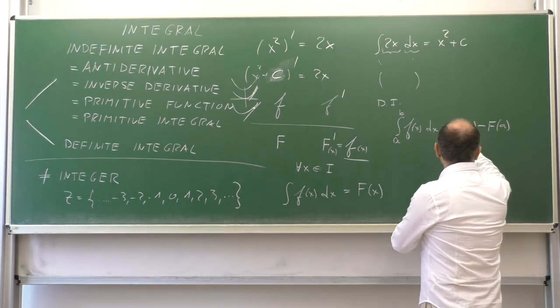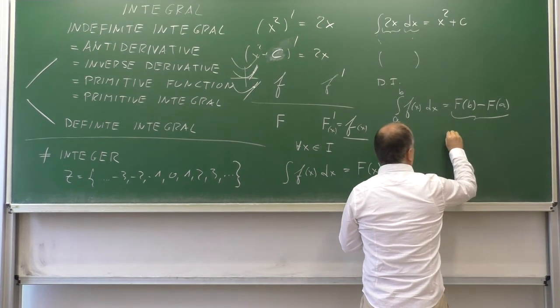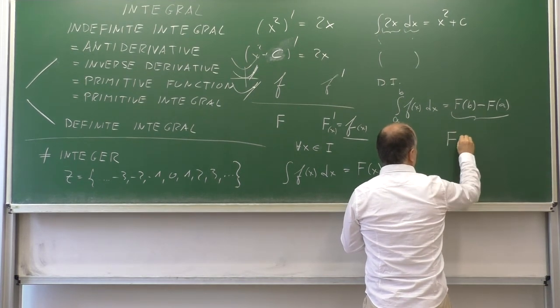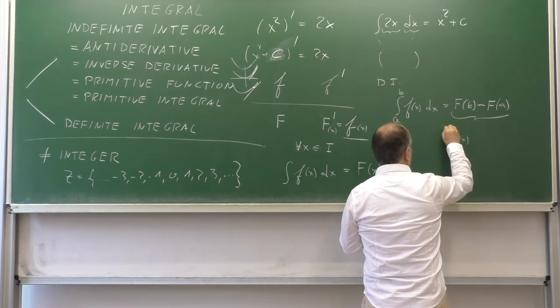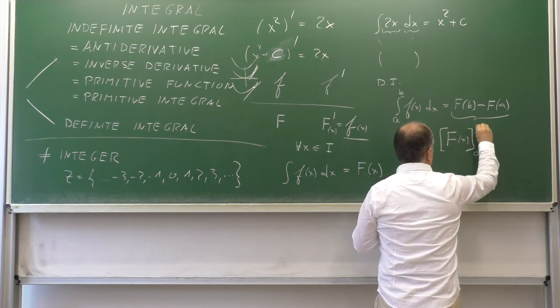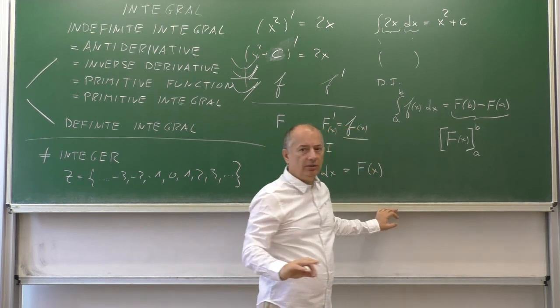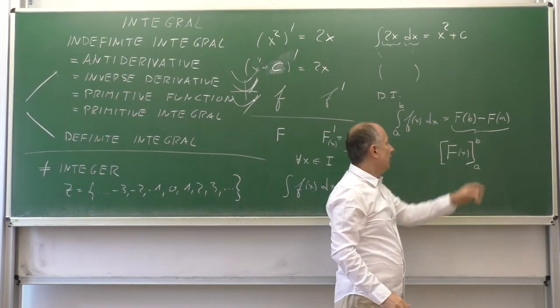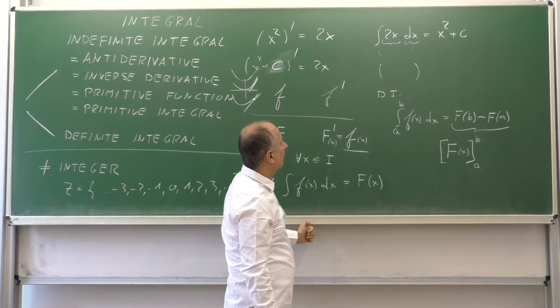And sometimes we write this in the form that we write an antiderivative, and we close it into square brackets, and we write a and b here. This is just another notation, another symbol for the same expression, F(b) minus F(a).